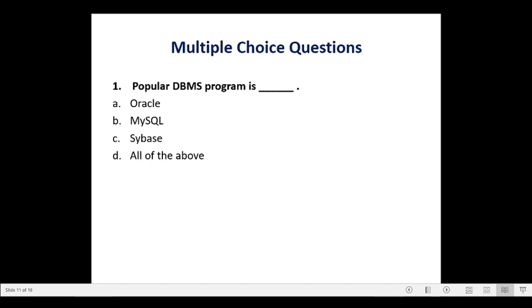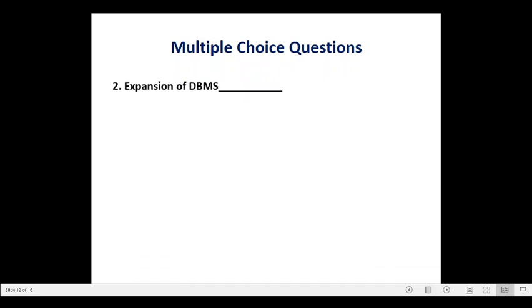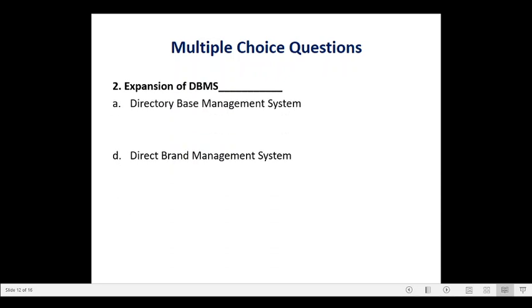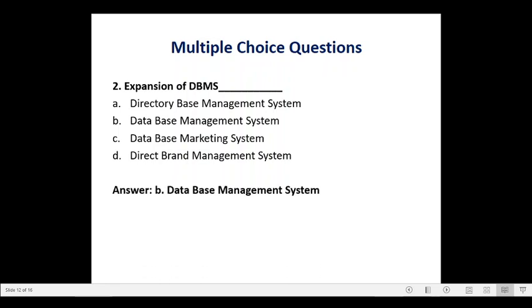Yes, we have understood the different database management programs. Yes, answer is all of the above. Next question. Expansion of DBMS. Multiple choice are direct brand management system, directory based management system, database management system, database marketing system. Yes, answer is C, database management system.